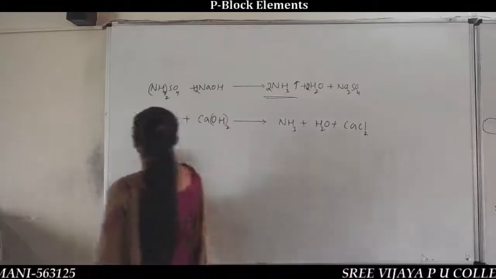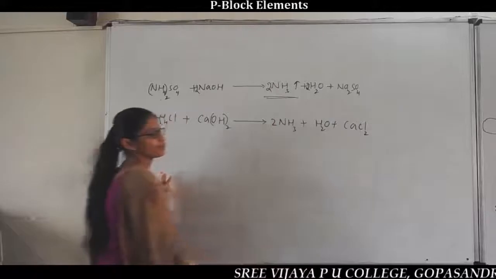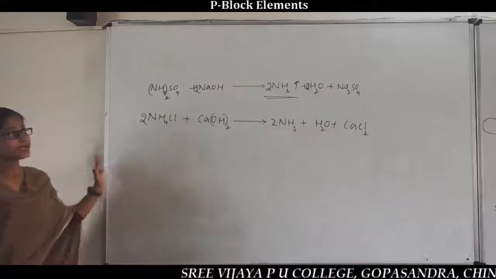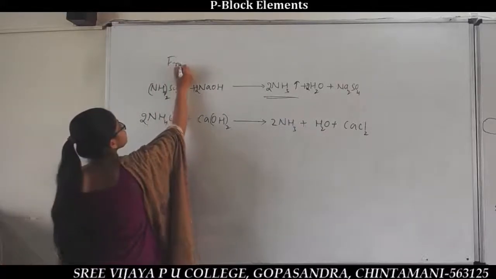Two molecules of ammonium chloride give two molecules of ammonia. This is a method for the preparation of ammonia from salts of ammonia.